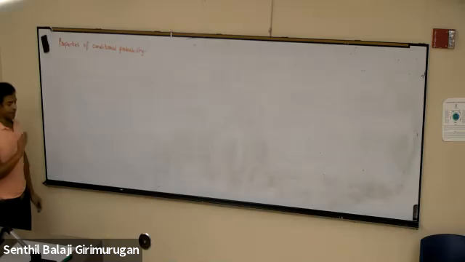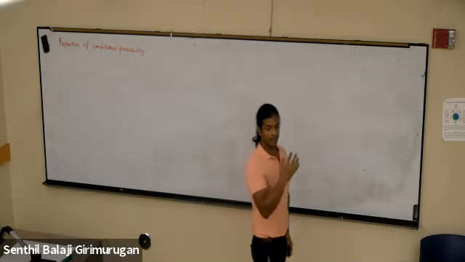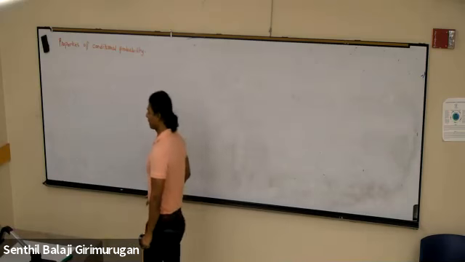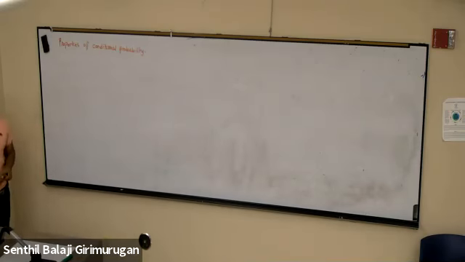So we should always keep in mind that conditional probability is in fact a probability. We shouldn't forget that aspect. Probability has a bunch of properties, and every single property that a regular probability satisfies will also be satisfied by conditional probability. What do I mean by that?